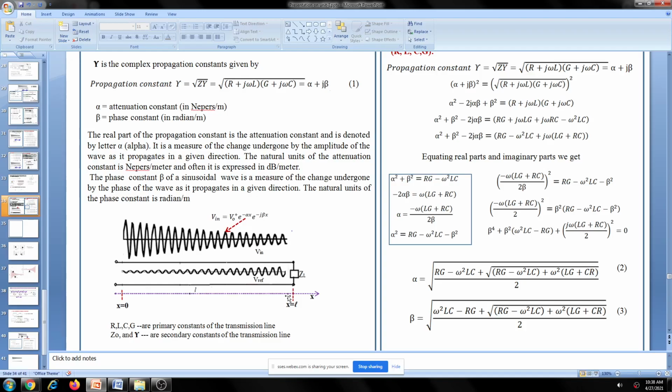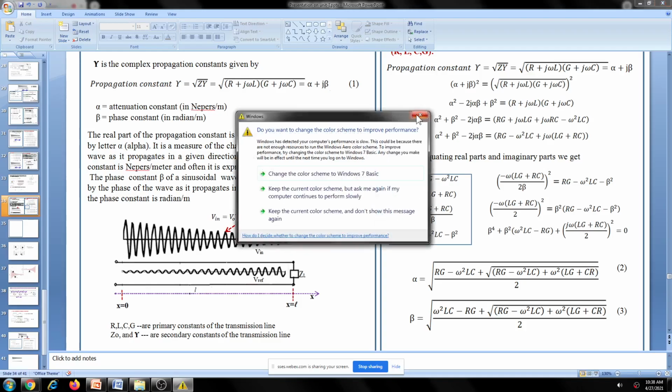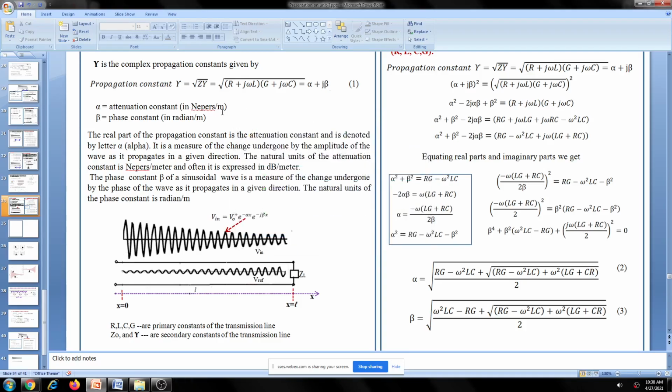If it decreases by 2 volts per meter, and it travels a distance of 4 meters, 8 volts of amplitude decreases. Automatically, by the time it reaches here we will be getting only 2 volts. 10 volts sent here, only 2 volts will be received by the time it reaches here.